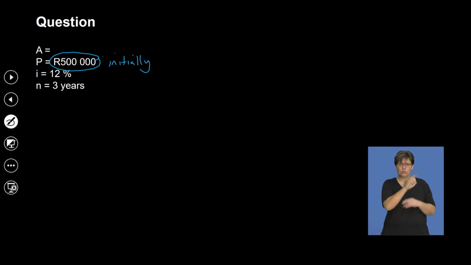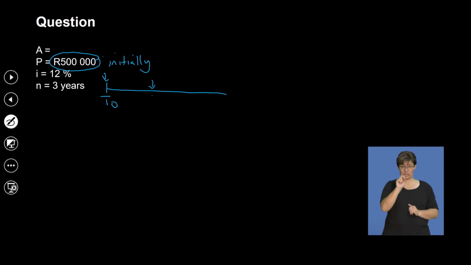But now if I draw just a timeline for this, at T0, Nceba invested that amount, which was the 500,000. But now at T2, the 500,000 became 649,800.